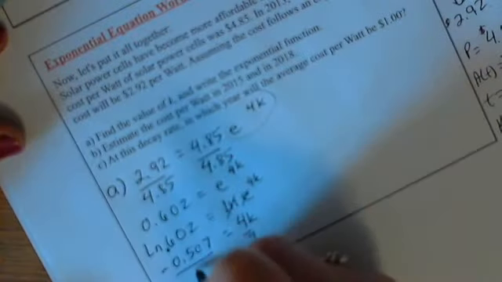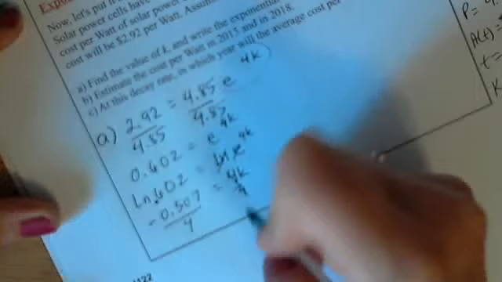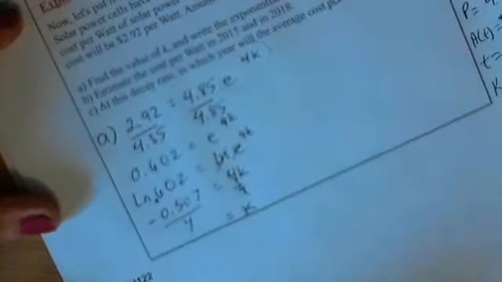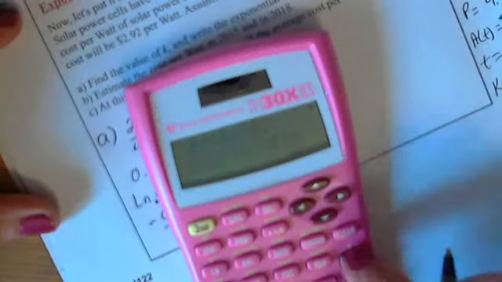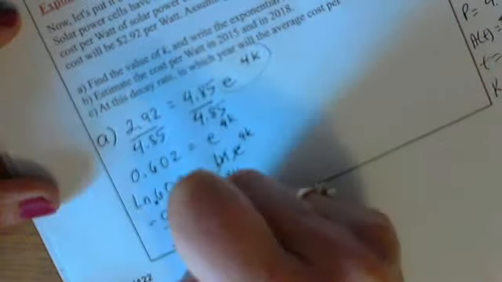Now, I'm still going to work on getting k alone here by dividing both sides by the 4 that's multiplied by k. The 4's are gone, and I get k equals, and I've got that last answer in my calculator, so I'm going to just take and divide that by 4. And I get about negative 0.127.